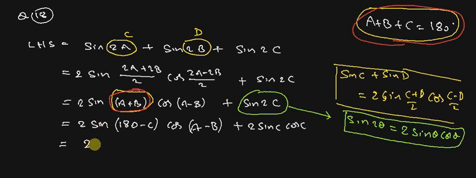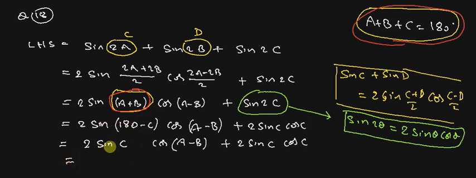So this becomes 2 sine c into cos of a minus b plus 2 sine c into cos c. This is entirely the same, I just changed this term, I just calculated sine of 180 minus c as sine c. Now look at this entire step, you will identify a common factor.